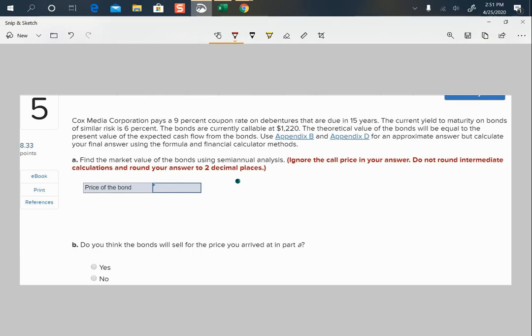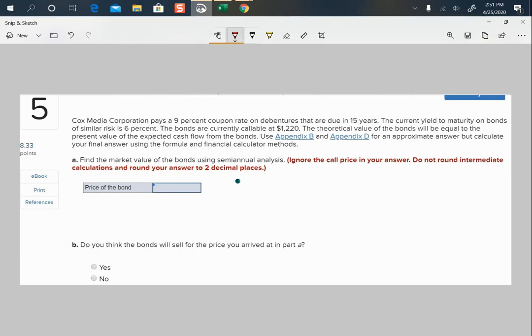If these bonds are going to be recalled, then the call price is 1,220. Again, from what we have done in the past, the way we value an instrument is basically determining the present value of the expected cash flows.